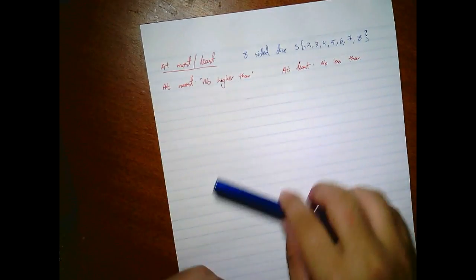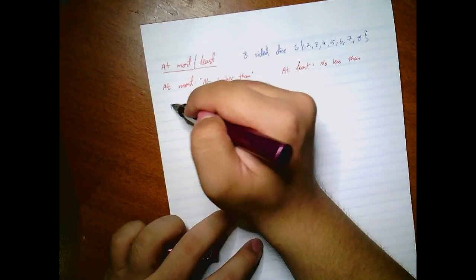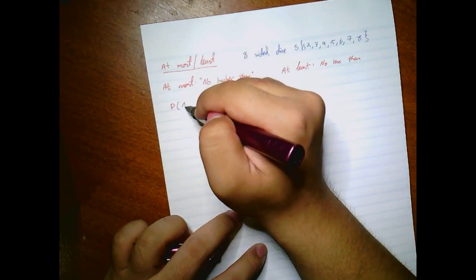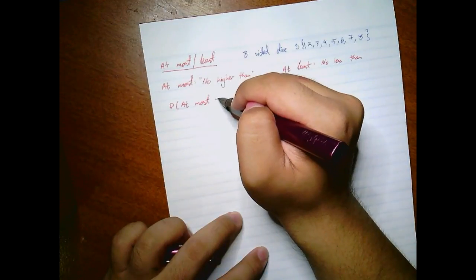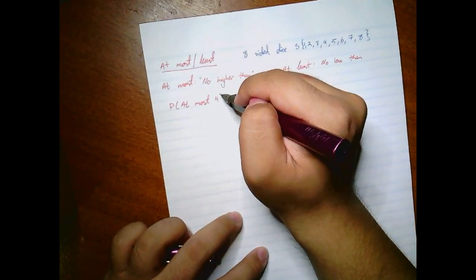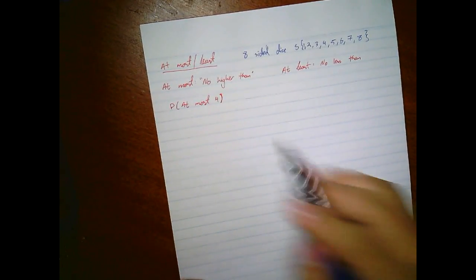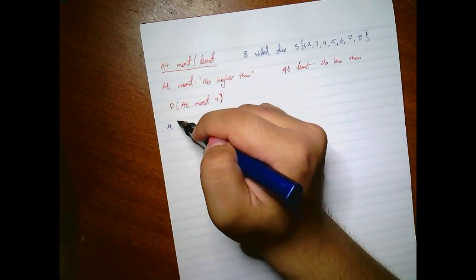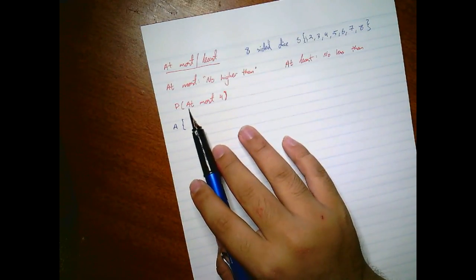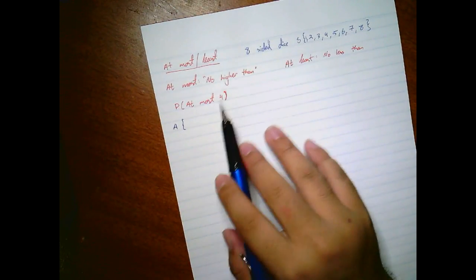So at most, let's say we have a probability of at most 4. I almost did a squiggly bracket there. So we have the condition A. So here's A. We're gonna start counting but stop at 4 because at most means no higher than 4.